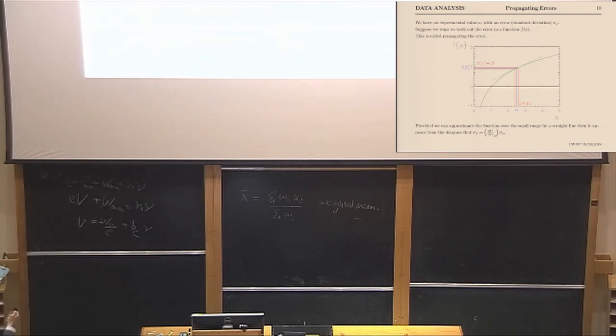The intention of drawing the diagram is to make the diagram more memorable than the result, because the diagram tells you the result. Another way of thinking about it to make it memorable is to think about the dimensions.